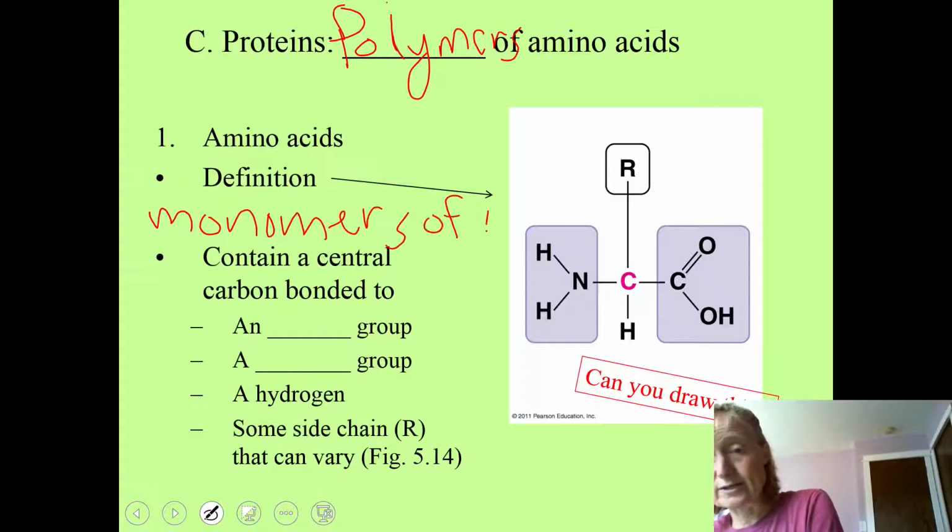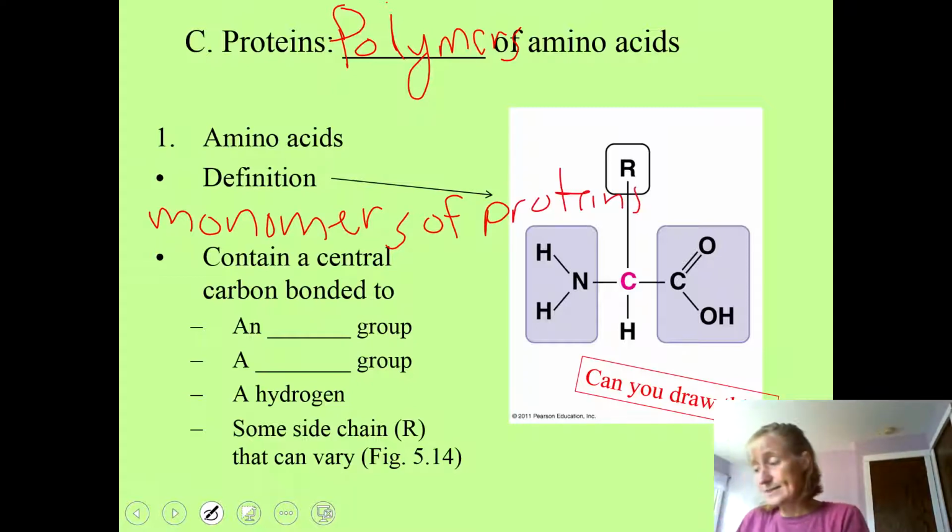But let's just write it down. They're the monomers. They're the building blocks of proteins, right? They're the single units. And there are 20 different amino acids that our cells use to build all of the diverse proteins that we have.